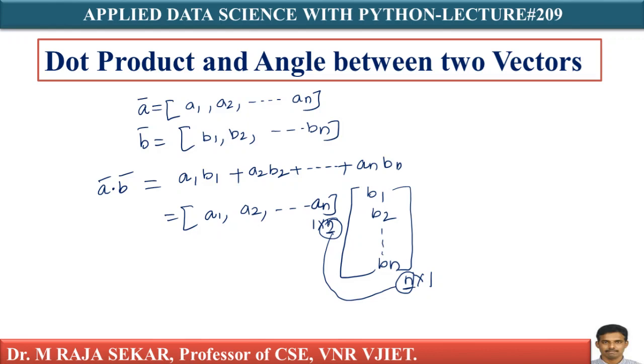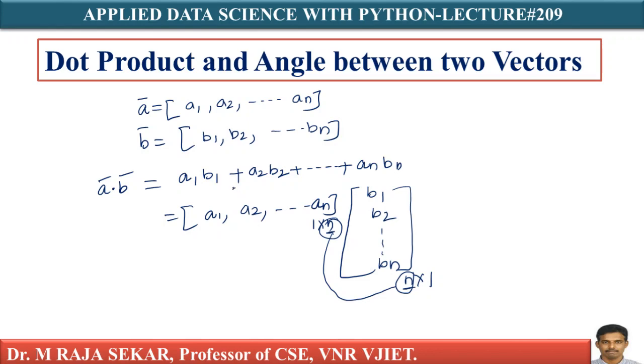Here, matrix means, as I told you, a vector can also be treated as a matrix: row vector, column vector, row matrix, something like that. I multiply them. What do you get? A1 B1 plus A2 B2, so on, An Bn.